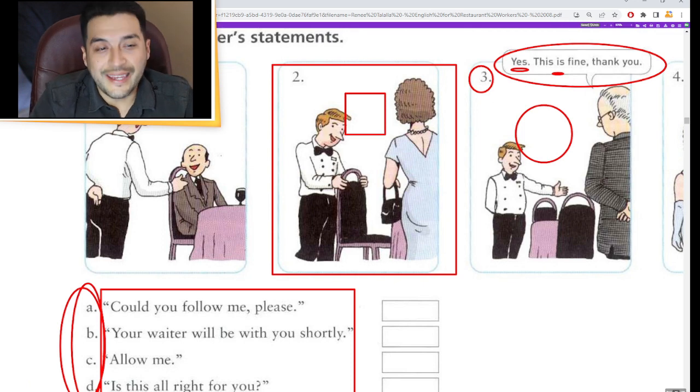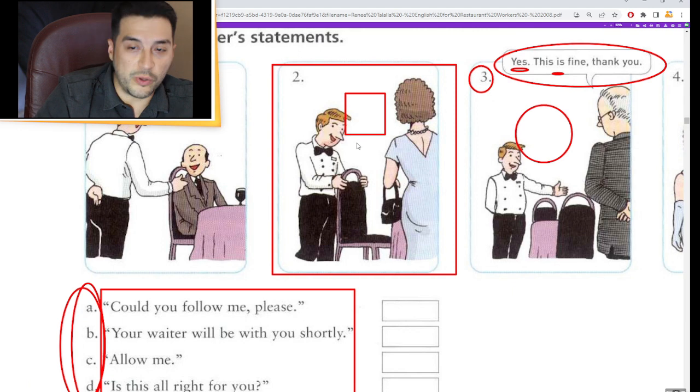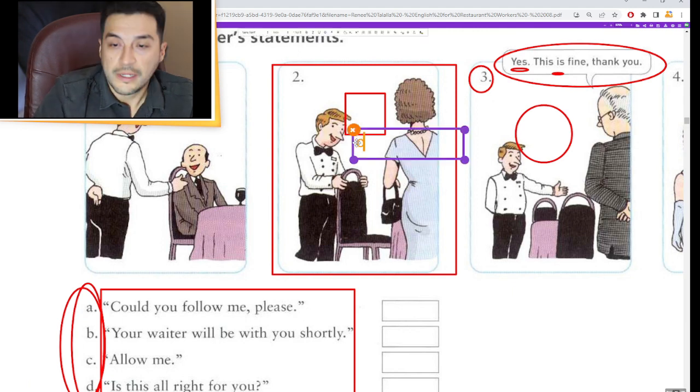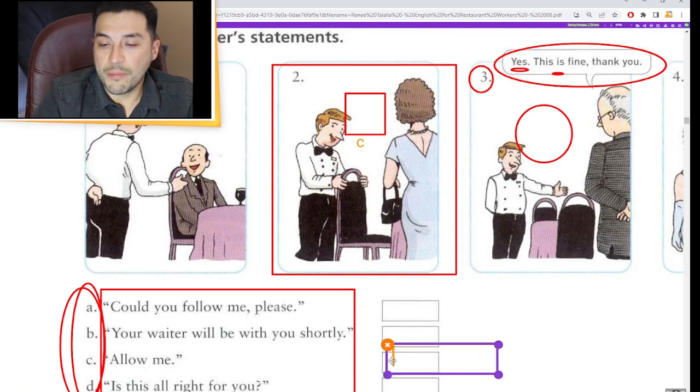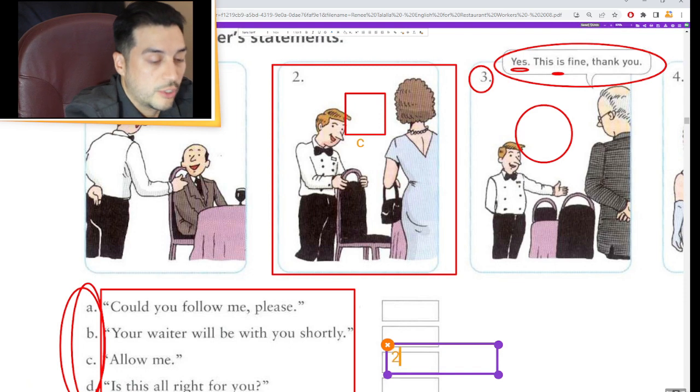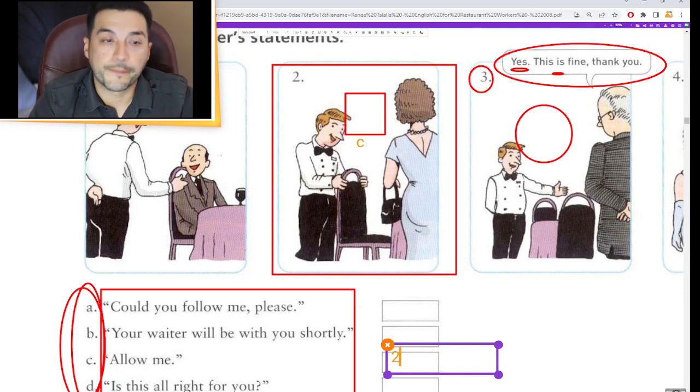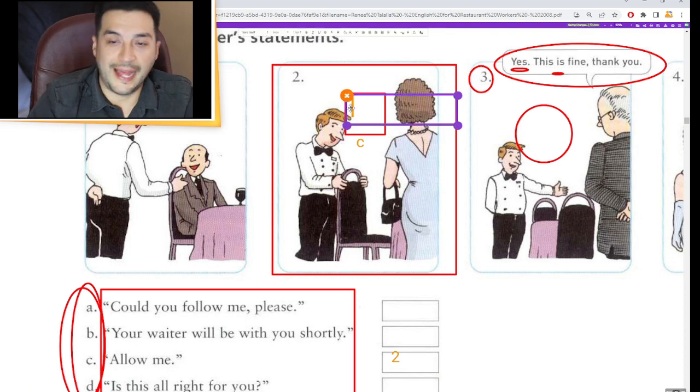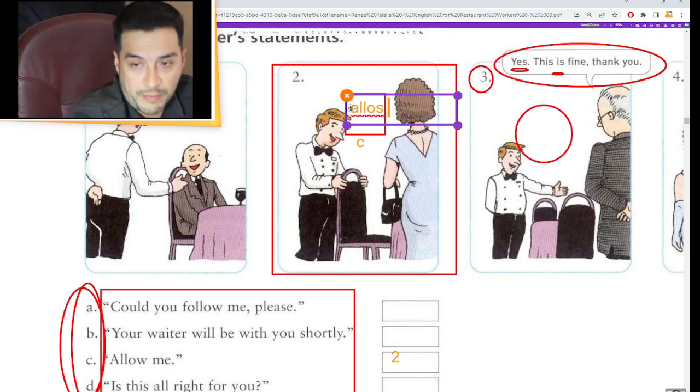Allow me, right? With the chair, pull the chair. Letter C. Allow me, letter C right here. Oh, I guess we should put number 2 right here. Excellent. Wow, fantastic. We got the first one. Allow me, ma'am.